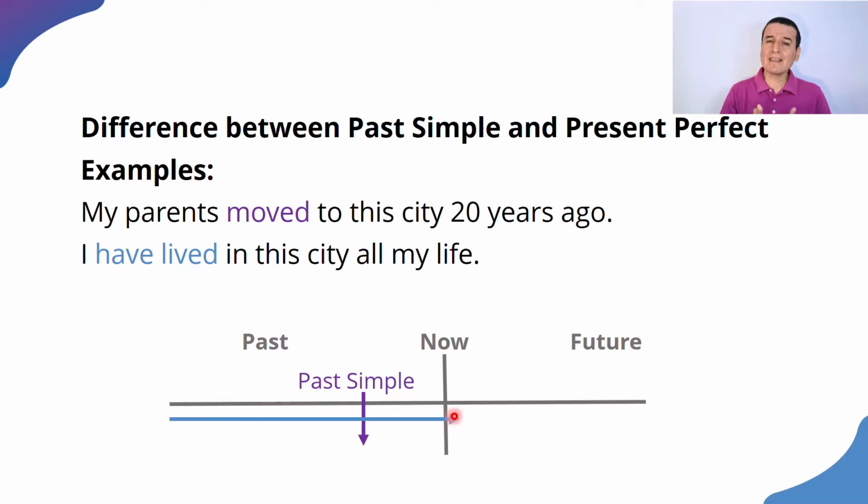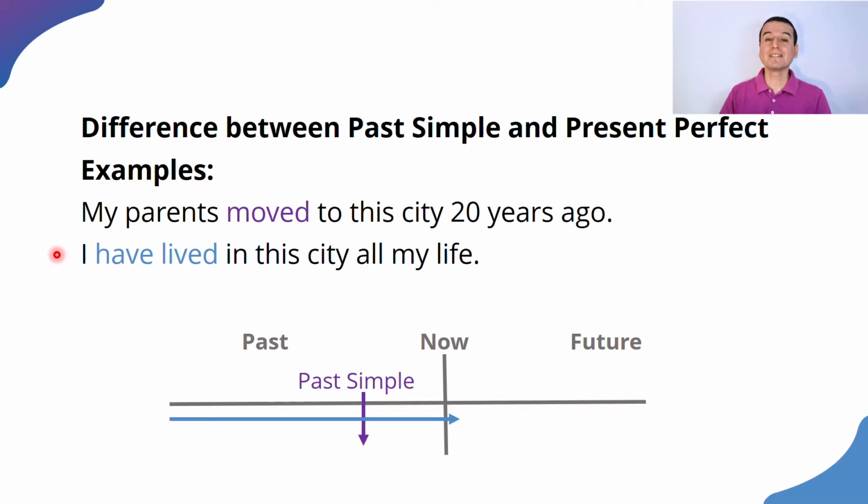It is likely that it continues a little bit more, and that's why I can say I have lived in this city, because from the past until this moment I have been doing that. So I have lived here. So for that we use the present perfect.